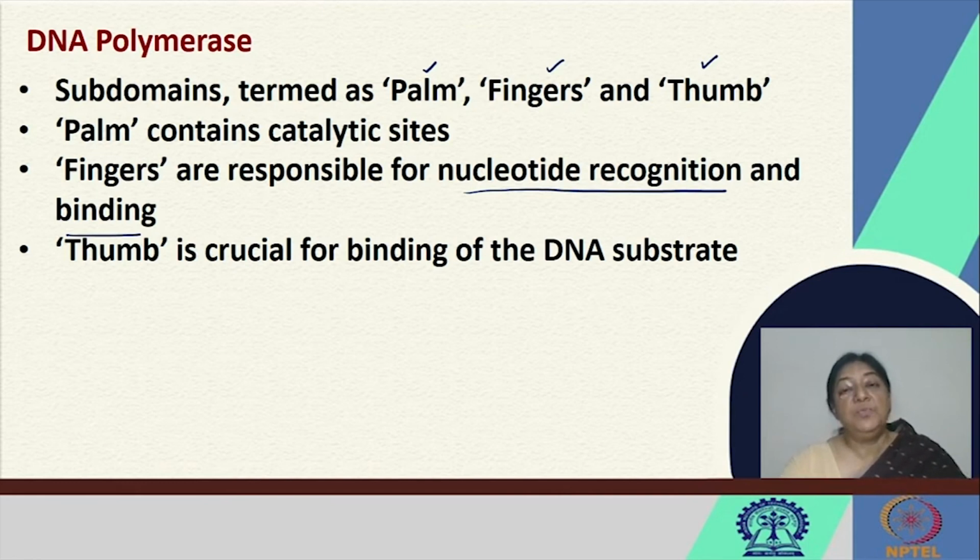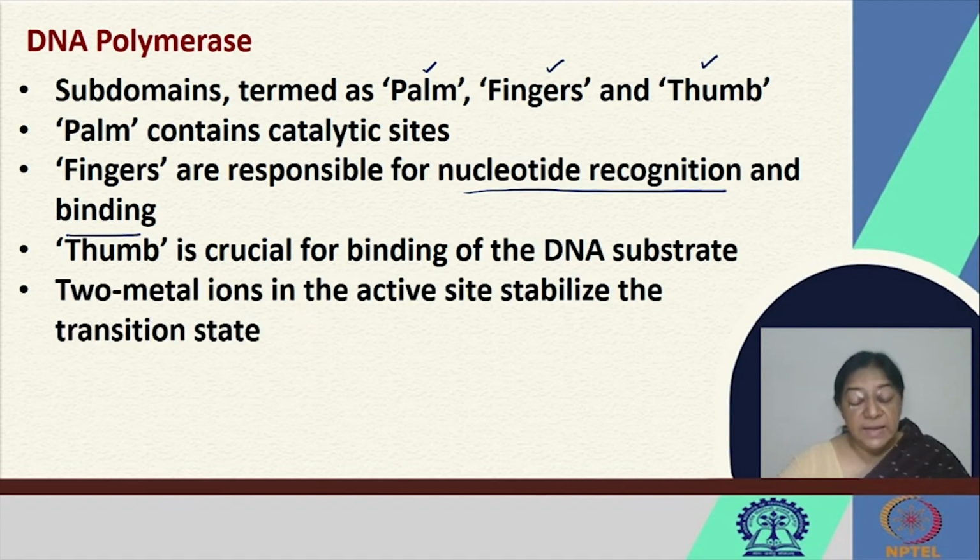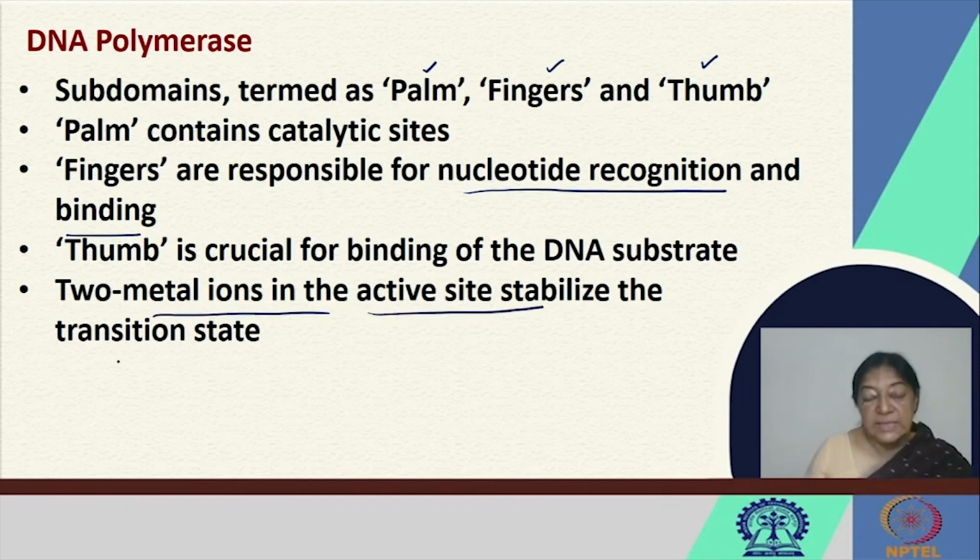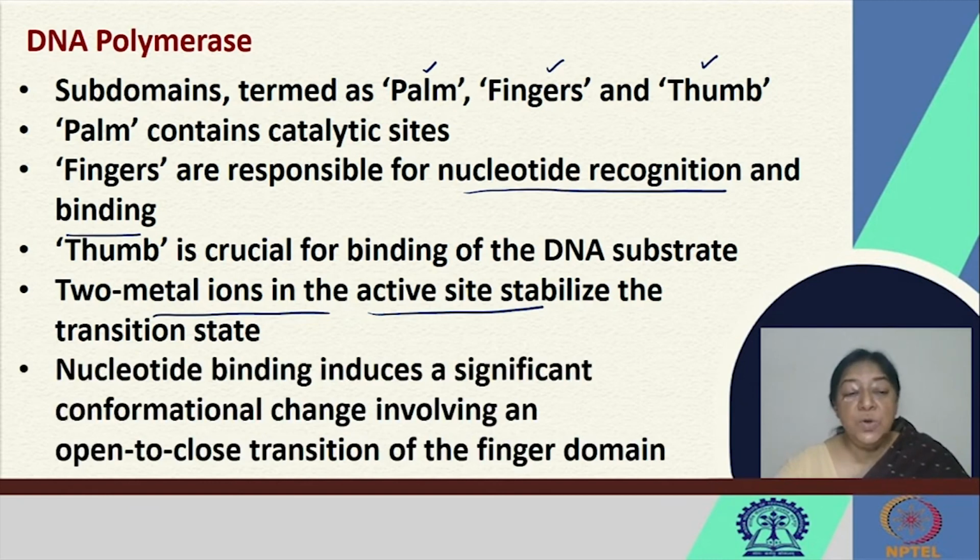We have learned how protein ligand binding, in this case protein nucleic acid binding, is a method of molecular recognition. In addition, there are two metal ions in the active site that stabilize the transition state, which we learned about in enzyme catalysis. This nucleotide binding induces a significant conformational change that involves an open to closed transition of the finger domain.